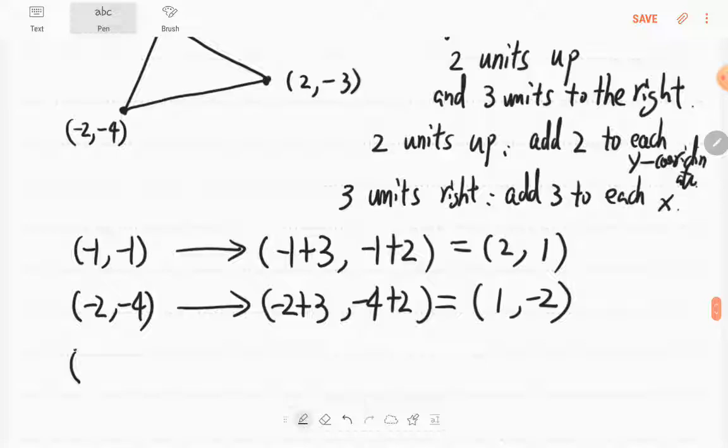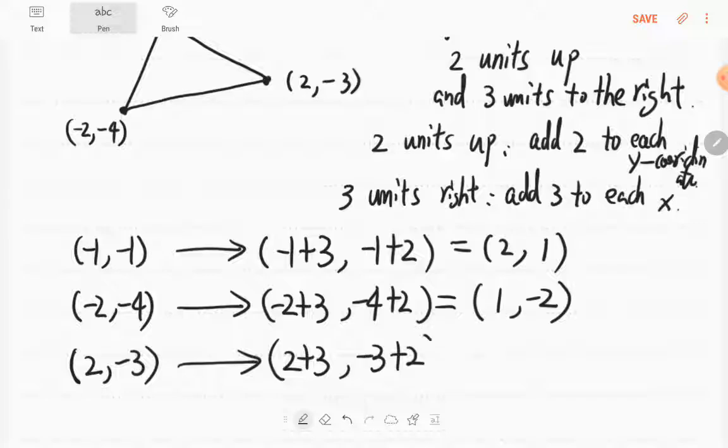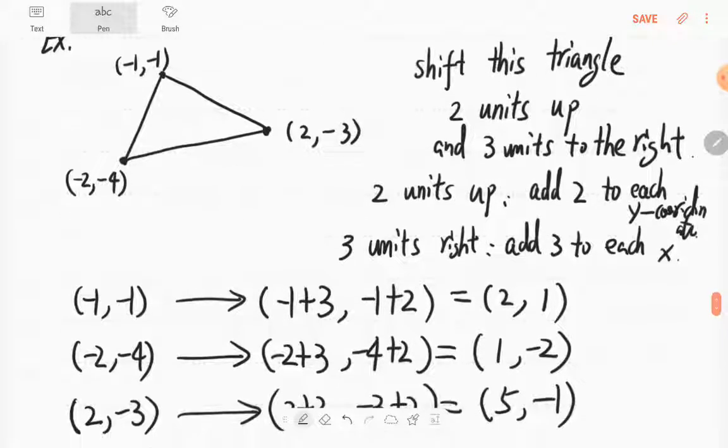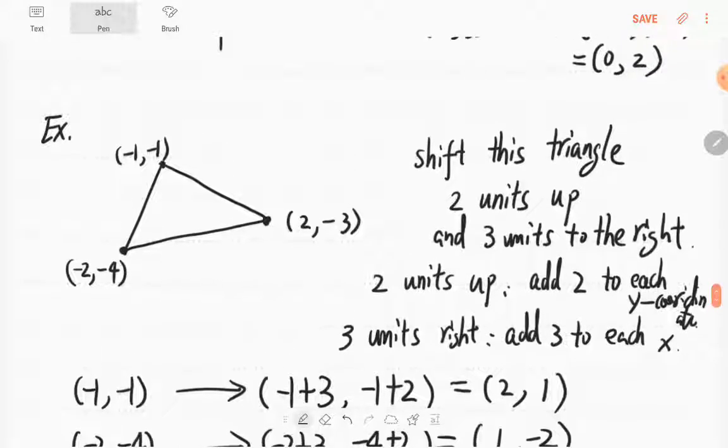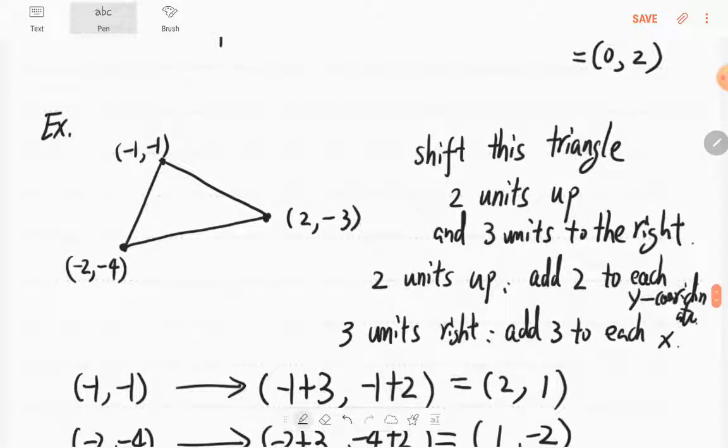And another one is (2, -3). So this is 2 plus 3, -3 plus 2. Right, so this is (5, -1). Okay, so it looks like this one. We shift from here to here.